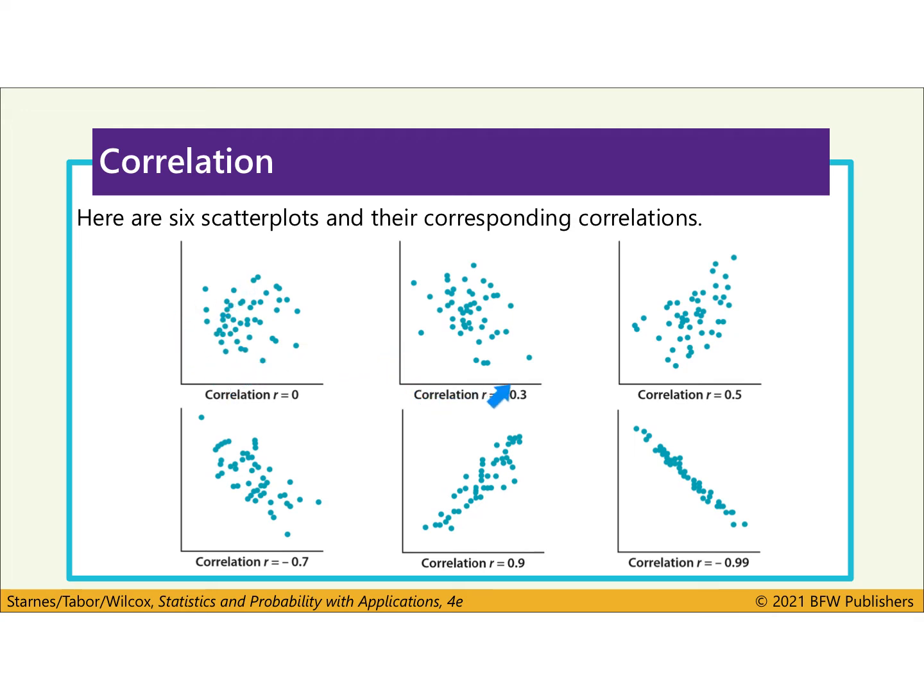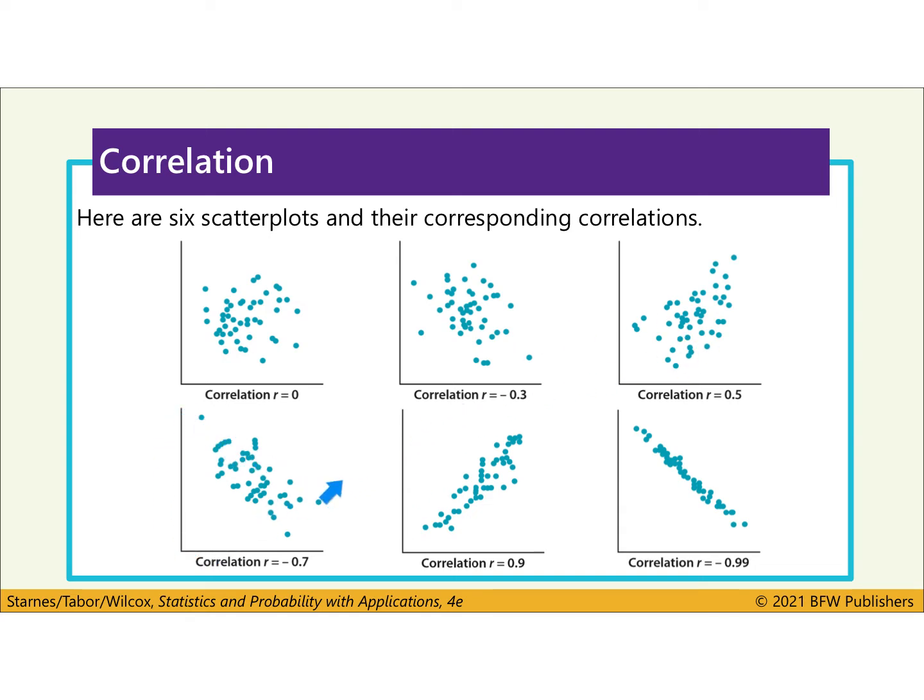As we get to a -0.3 correlation, you can see that there is an overall negative pattern, but the points are still pretty scattered. As you get to a +0.5, you see a positive pattern. They're a little bit less spread out than the 0.3.